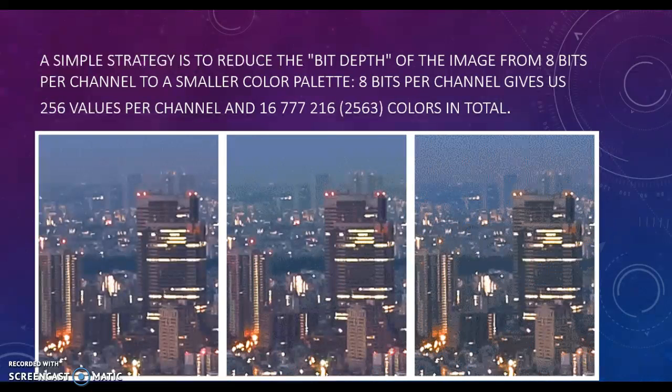A simple strategy is to reduce the bit depth of the image from 8 bits per channel to a smaller color palette. 8 bits per channel give us 256 values per channel and a lot of colors in total.